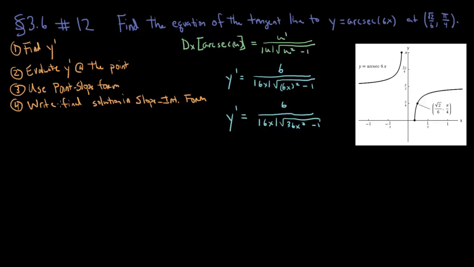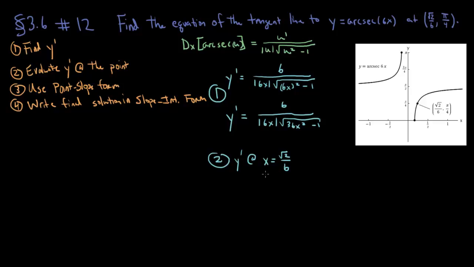So step 2 is we need to evaluate at our point. So let's see here. I'll put step 2 right here. So y prime at x equals root 2 over 6.